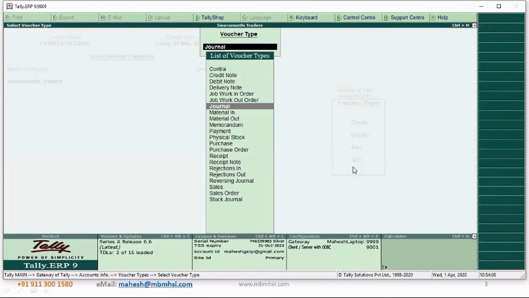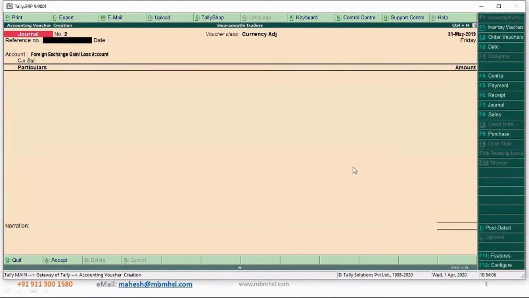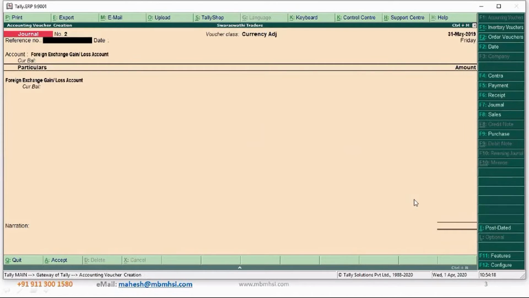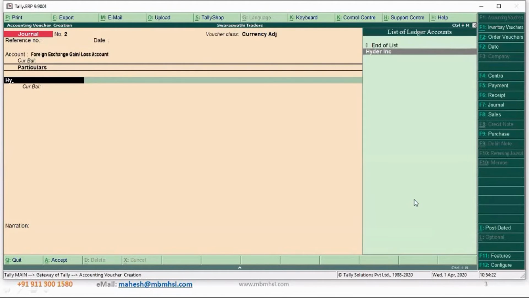Okay, save this voucher type. Once you have saved this voucher type, you can come to transaction accounting vouchers and click on journal. If you are doing the adjustment entry, use this adjustment class. And here select the party.